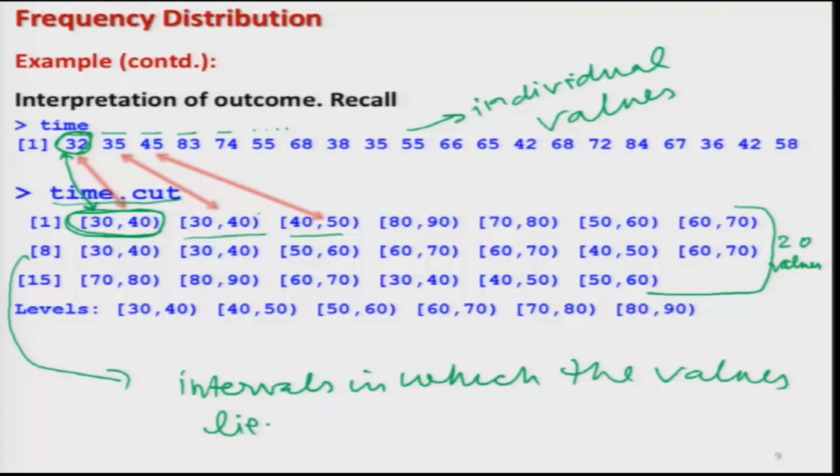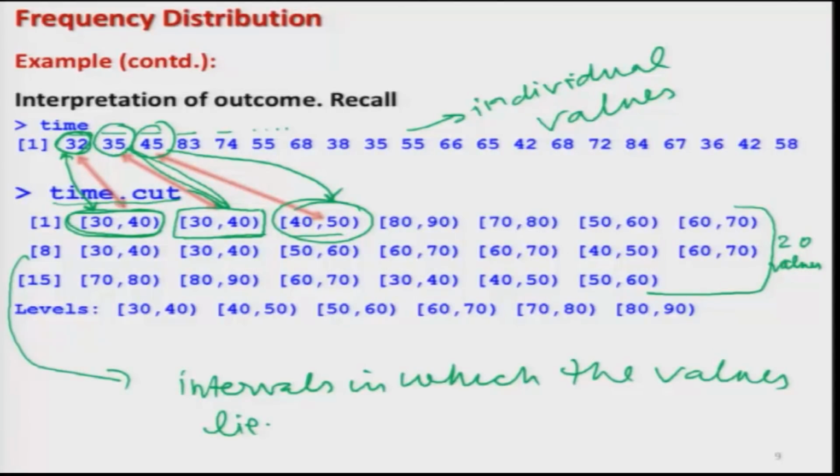Similarly, the second interval indicates where the second value of the vector time is lying. You can see 35 is lying between 30 and 40. So, the second interval indicates the interval of the second value, and similarly, the third interval indicates the interval in which the third value, 45, is lying, and so on.